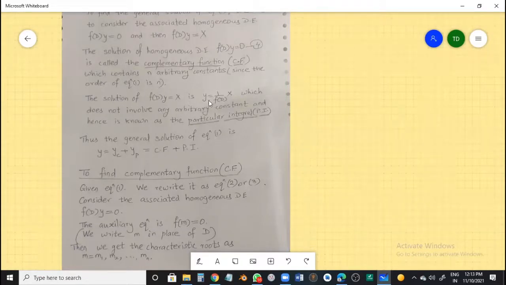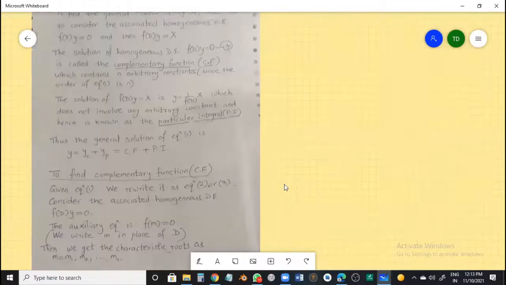So it is as good as operating both sides by the inverse of f of D, meaning 1 upon f of D. If I operate by 1 upon f of D on f of D, the effect is cancelled and I am left with y on the left hand side, and the right hand side is 1 upon f of D X. I suppose you are getting me.